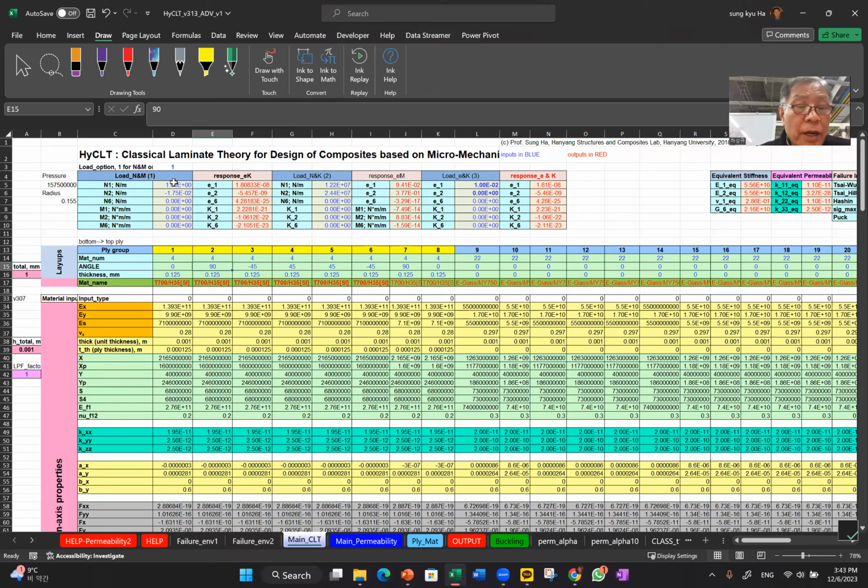Now, when we apply this load, you can apply a certain load here, okay? A certain load here, and you can have a non-zero value here, okay? You can have a non-zero value here, and then you can plot that.